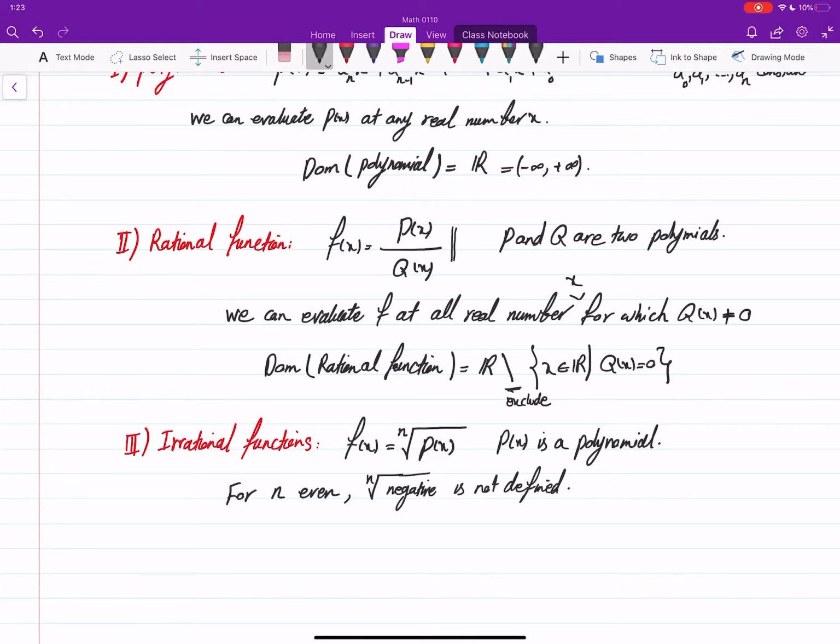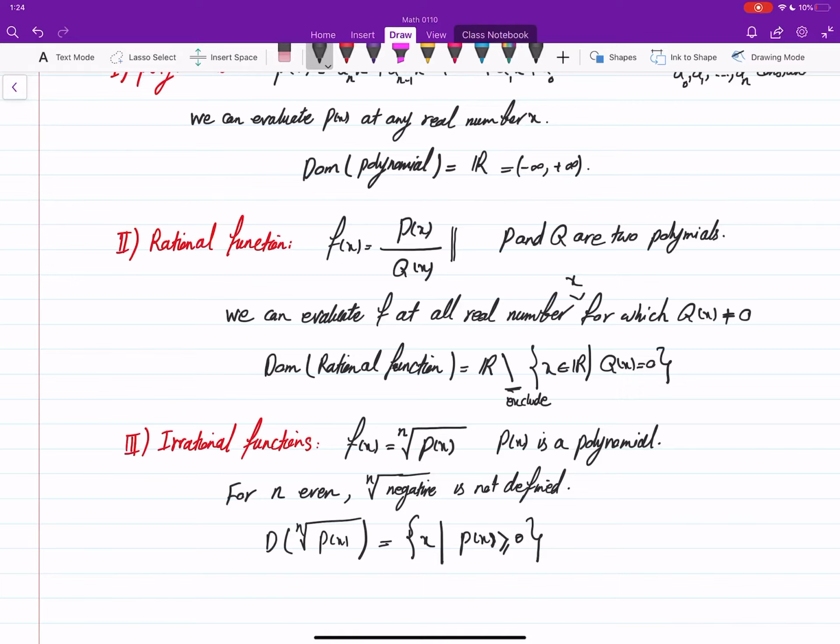What does it mean in terms of the polynomial or in terms of the domain? The domain of the nth root of p(x) is going to be the set of all points which give us non-negative values of p(x).